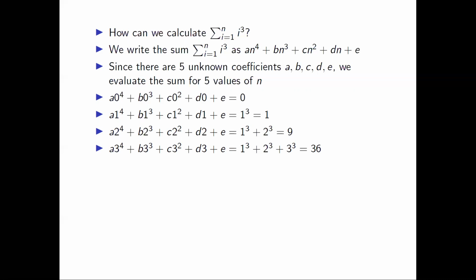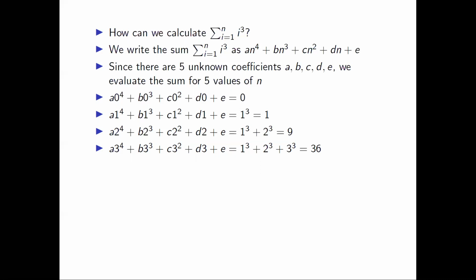And we'll plug in 3, similarly to how we plugged in 0, 1, and 2. And we want a times 3 to the 4th plus b times 3 cubed plus c times 3 squared plus d times 3 plus e. We want that to equal our sum from i equals 1 to n of i cubed for n equals 3. And that gives us 1 cubed plus 2 cubed plus 3 cubed, and this gives us 36.